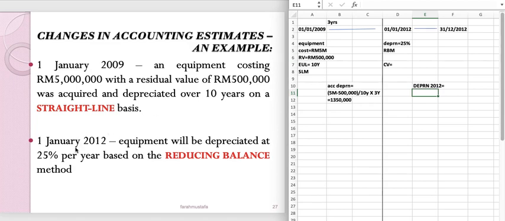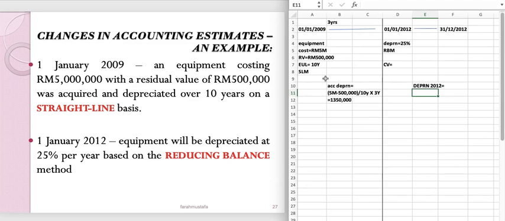Okay, in January 2012, the equipment will be depreciated at 25% per year based on the reducing balance method. So here there is a change from straight line method into reducing balance method. You may see that this is like an accounting policy, and it is true that any change in accounting policy must be done retrospectively, but a change in depreciation policy is not treated as a change in accounting policy.